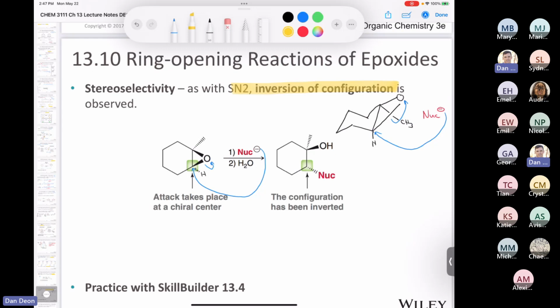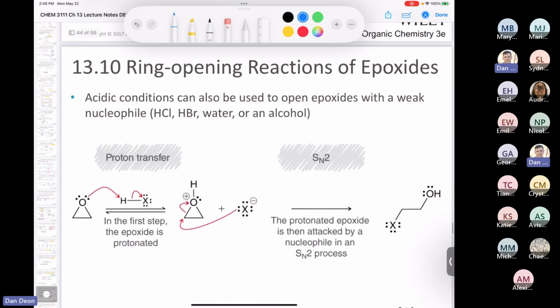So we've covered stereoselectivity and regioselectivity in terms of our ring opening with a nucleophile. So we're going to dust our hands off and stop there. That's the end of nucleophiles. I think the next slide deals with acid catalyzed.